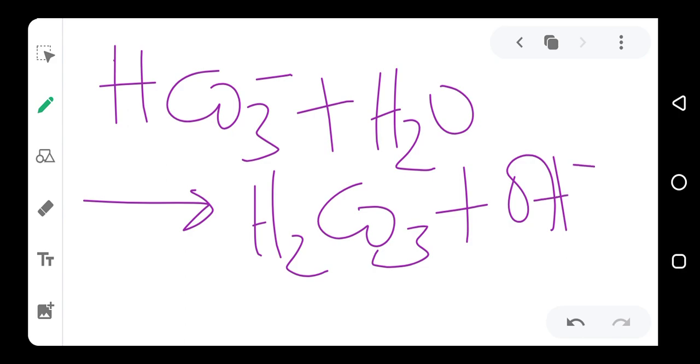Now looking at this, which one is an acid and which one is a base?